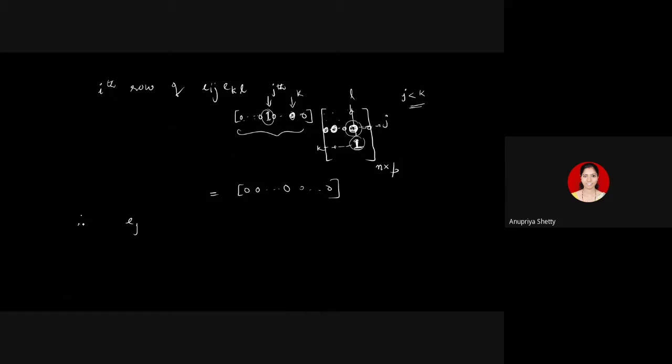Therefore, in this case 1, if j is not equal to k, the product Eij into Ekl is going to be a 0 matrix, because we got all the rows to be zeros. So this is a 0 matrix of order m by p.